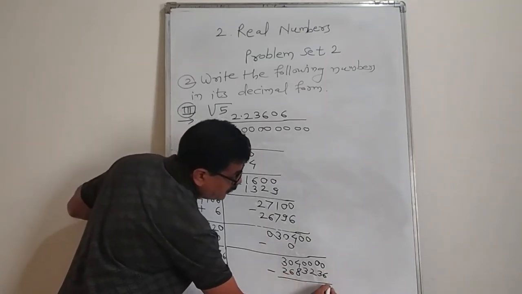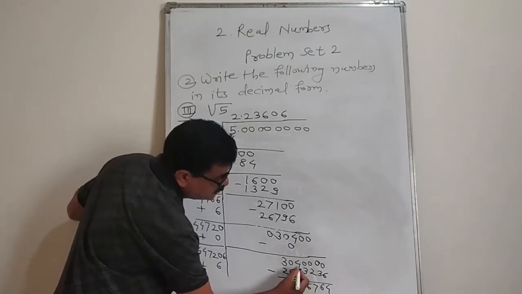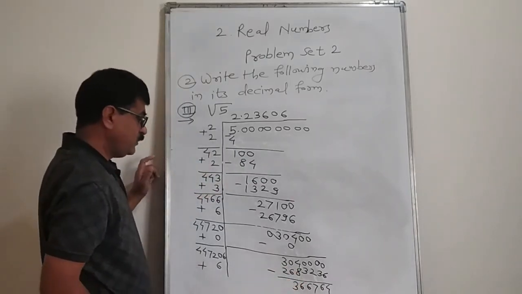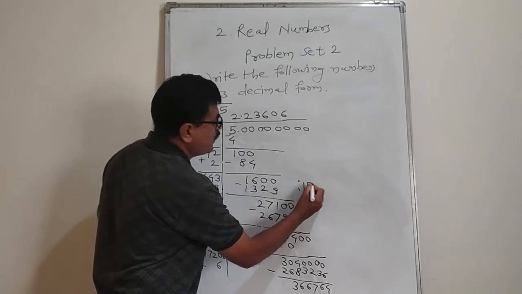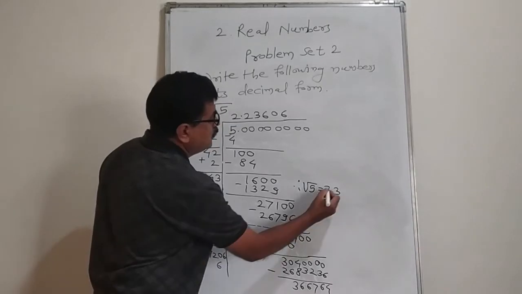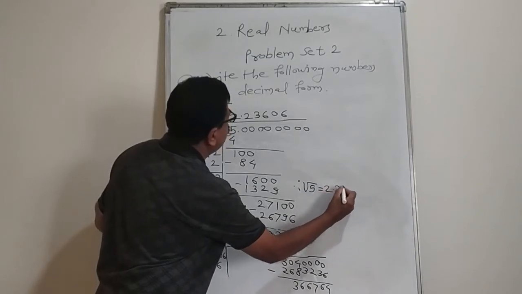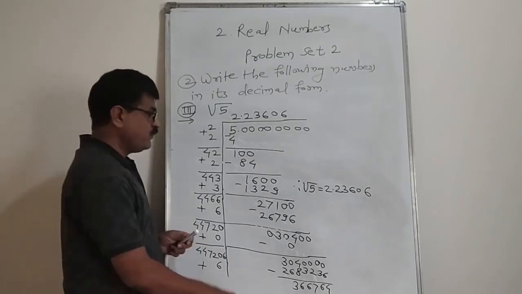Taking subtraction, 4, 6, 7, 6, 6, 3, 0. Now it is sufficient. Therefore, write down square root of 5 is equal to 2.23606. This is the answer. Square root of 5.